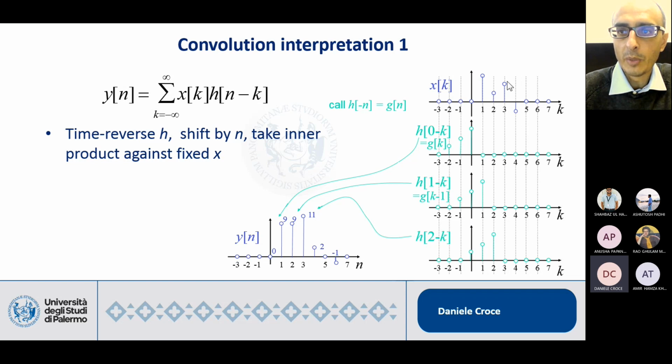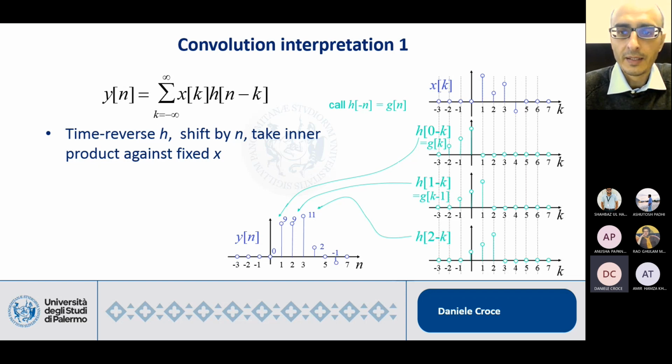There are no more points overlapping here, and so what you obtain is that it goes down, okay? Until it's zero because there are no more elements. So this is the first interpretation of the convolution. There is the time reverse of h shifted by n, and then you take the product of all the elements and you sum them all together, the inner product against x, okay?